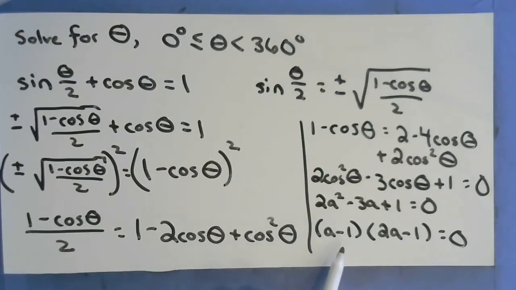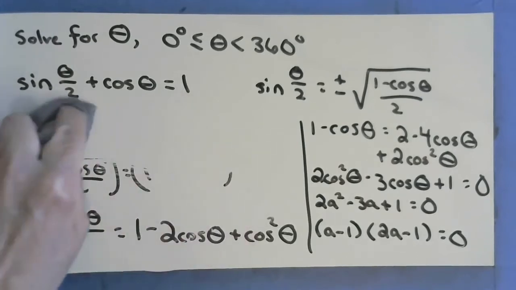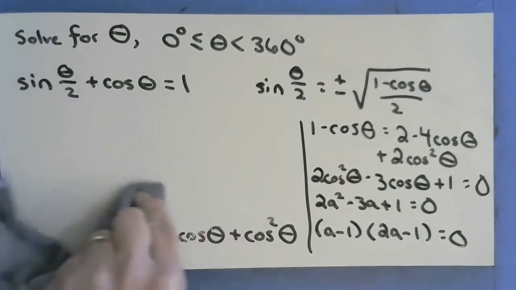However you want to factor this, if you see the factors, if you want to use the AC method to factor it, if you want to use the quadratic formula, it doesn't matter. Just find a way to factor it. Now that we've done it, I'm going to erase the left side of my board, leaving the original equation up there.